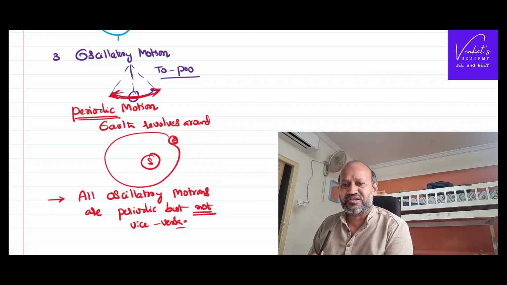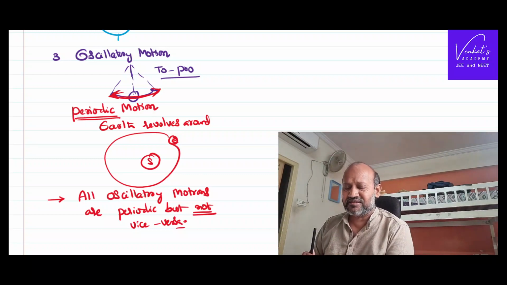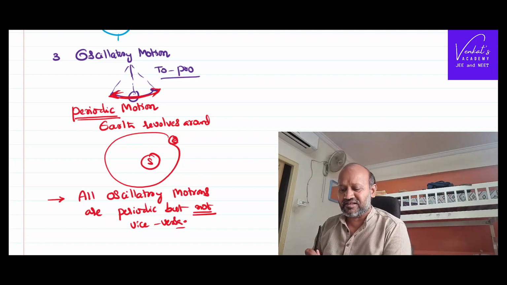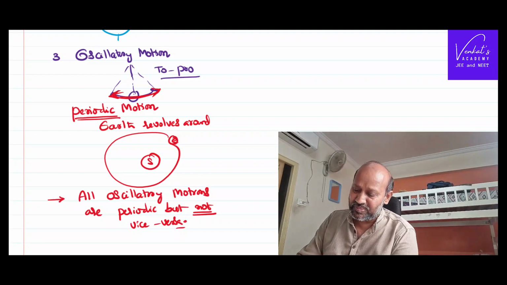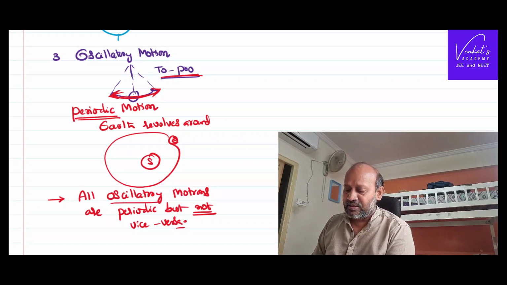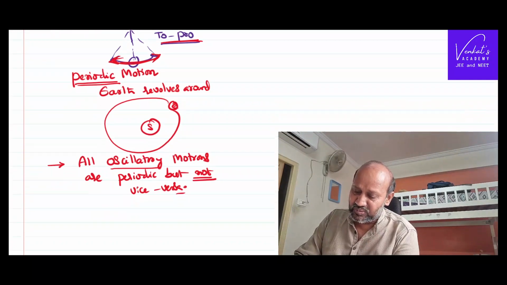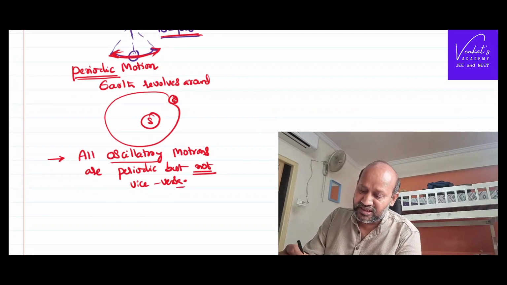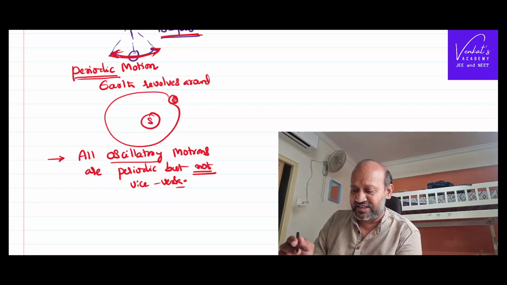Simply, the rotation of the earth is a periodic motion. It repeats at regular intervals of time, but that doesn't mean it's an oscillatory motion. So the basic condition for an oscillatory motion is that it has to be a to and fro motion. Once it is a to and fro motion, there are some other conditions it needs to satisfy, and there are ways of studying it.